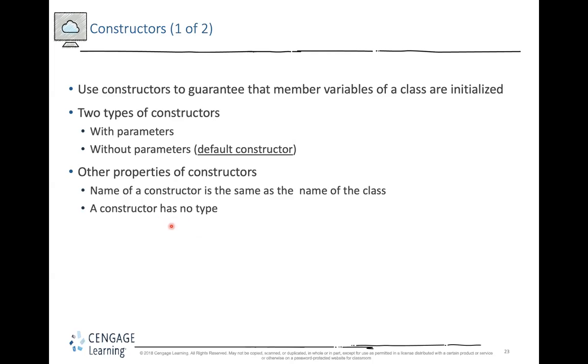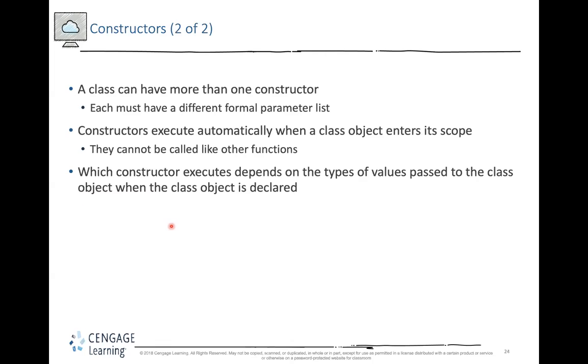It's done by the compiler to link the specific code block. It's not a normal function. It doesn't have a return type. It's just the class name with a parameter list, and then you have a body.